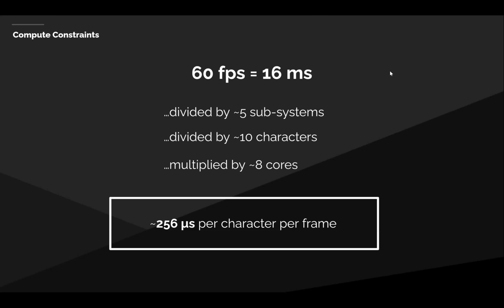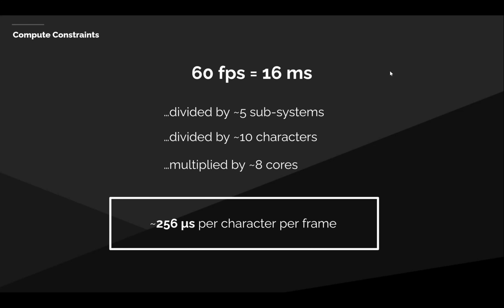So we have AI, we have sound, we have gameplay, we have all sorts of different game systems in the game. Also, maybe we have 10 characters on screen, so we need to divide by 10. And then maybe we have like 8 cores, so we can parallelize some work. So we get to multiply that by 8. And that gives us very roughly, let's say, 256 microseconds per character per frame of the CPU time.